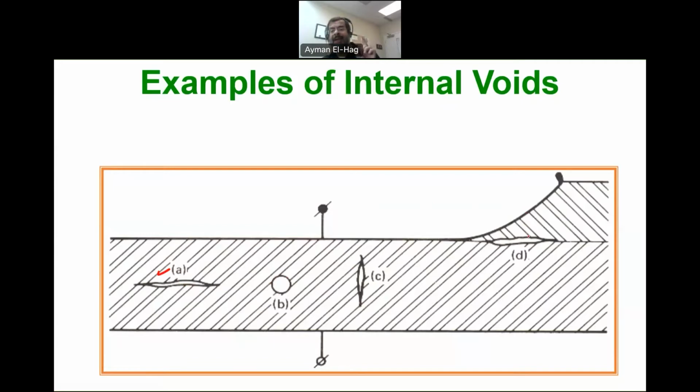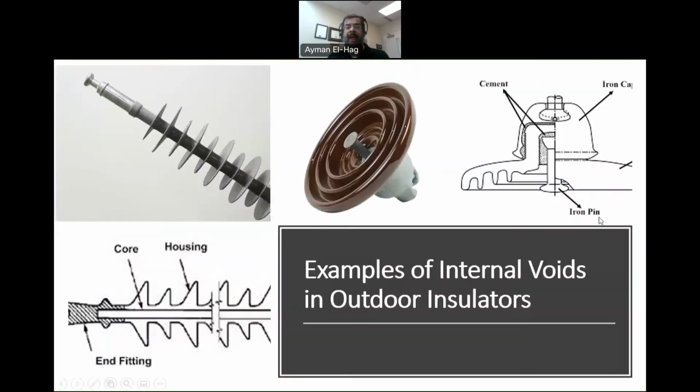Also, the void can be a result of the interface between two different dielectric materials. Because our focus is more on outdoor insulators, let's see how these defects can be found inside outdoor insulators. Here we talk about two common problems of internal voids. First, ceramic insulators, cap and pin.